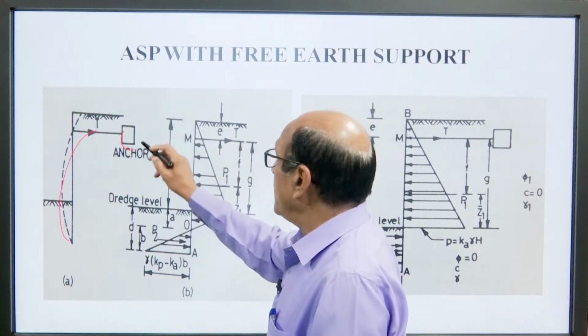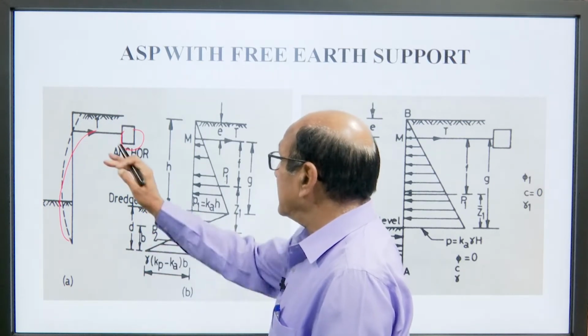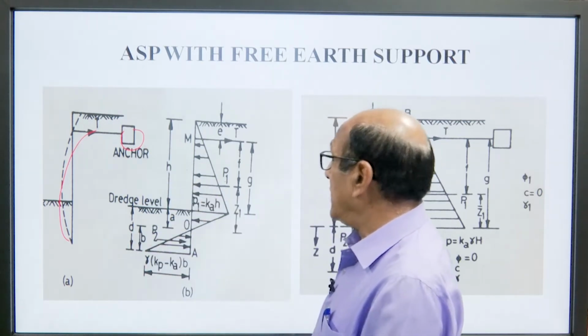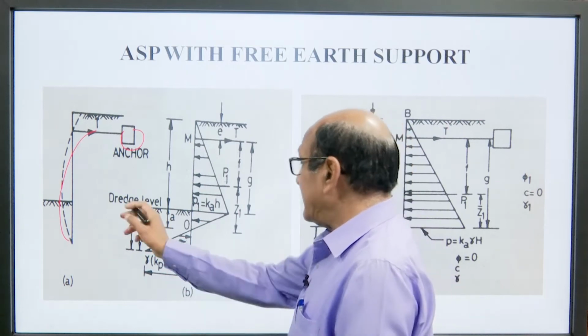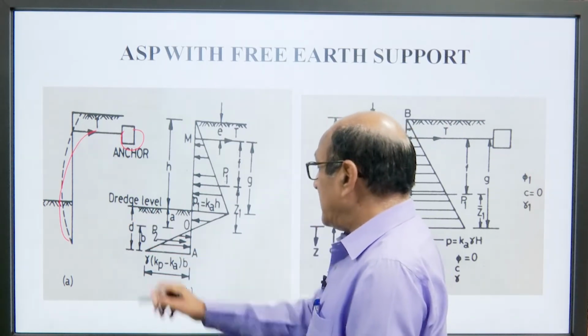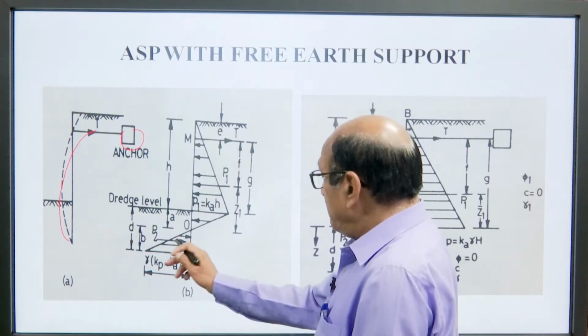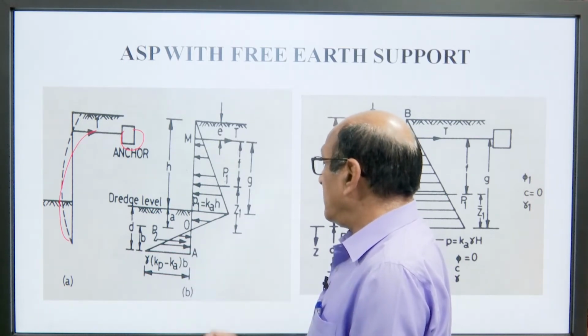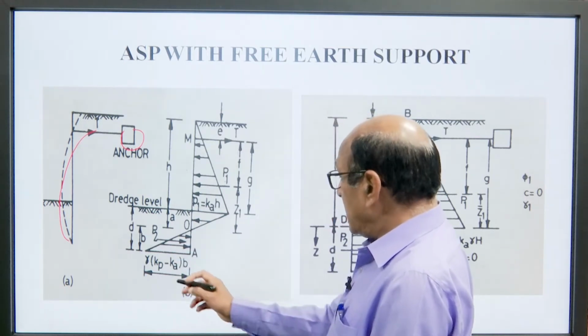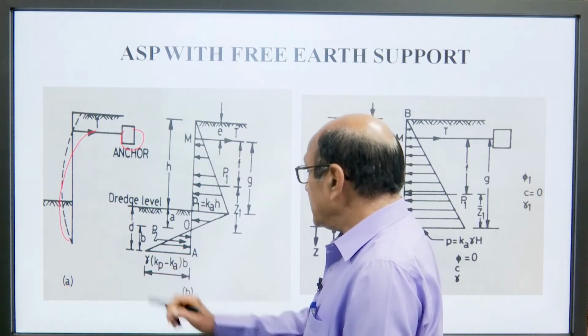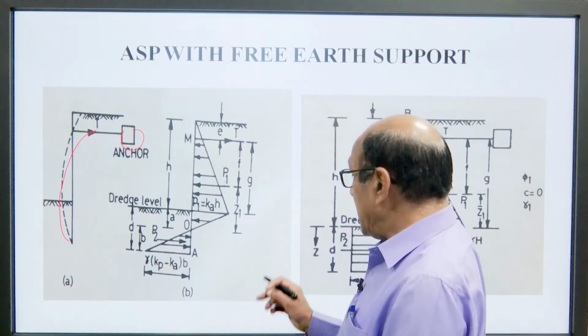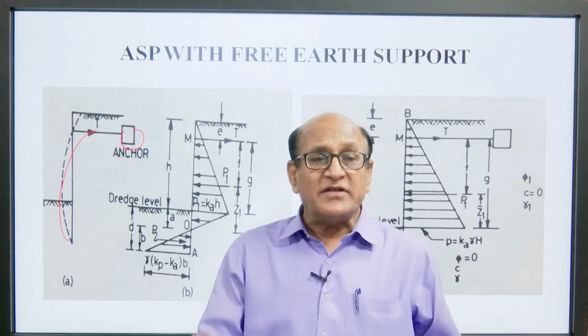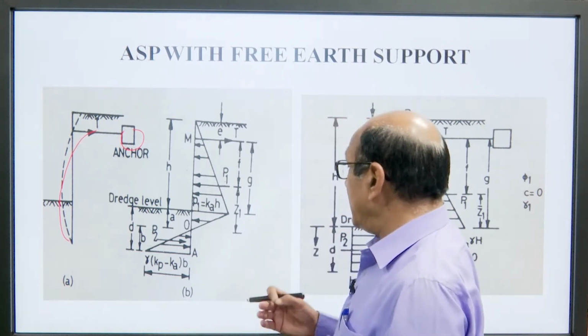This is the anchor point which will anchor the sheet, a fixed point. This is the dredge level, the depth is d, P2 is acting below the dredge line, and the bottom is gamma (Kp minus Ka) into B. B is the width of the dredge.